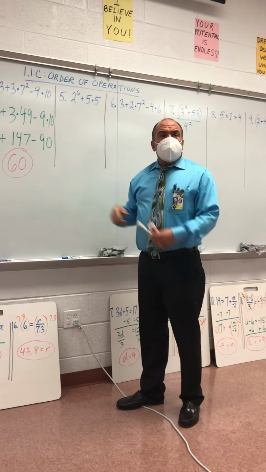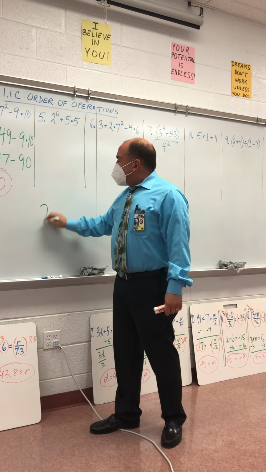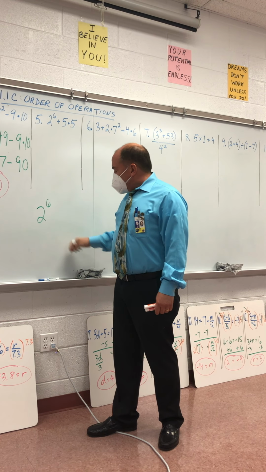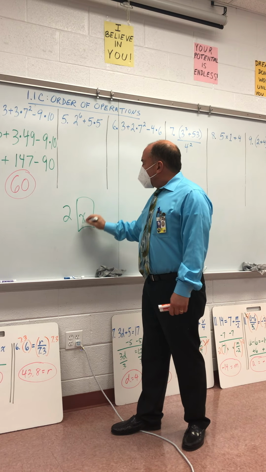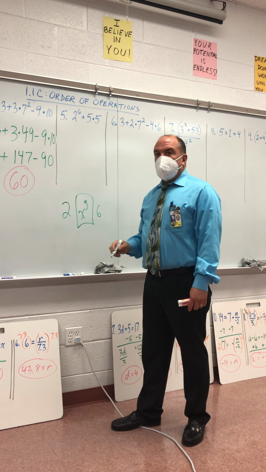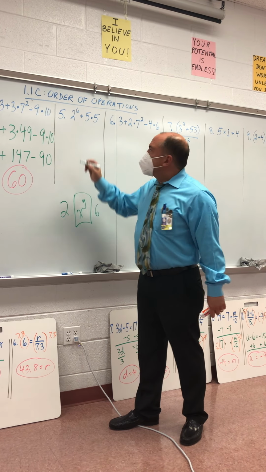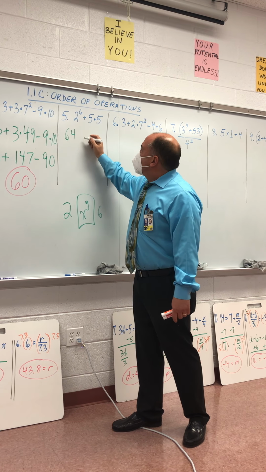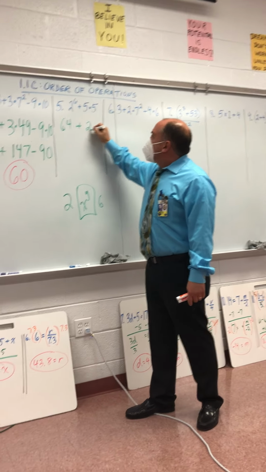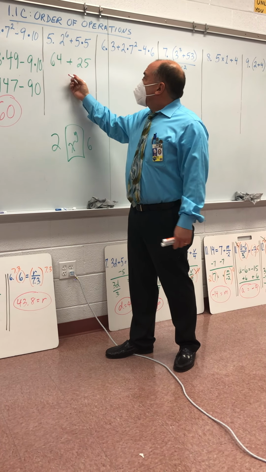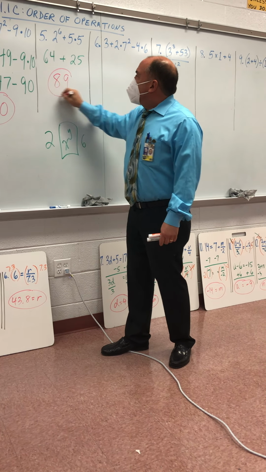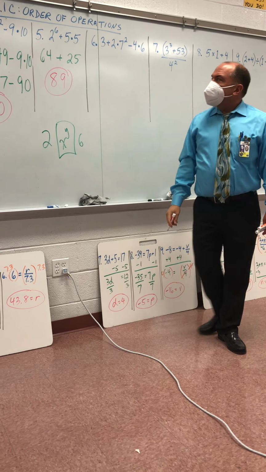Okay. 2 to the 6th power. You should use your calculator. You can hit 2 and then x to the y and then 6. Very good. 64. 64 plus 25. 5 times 5 is 25. 64 plus 25 is 89. Easy.